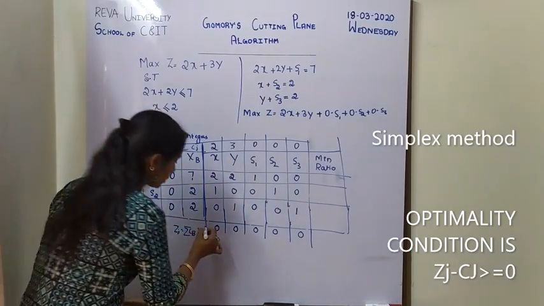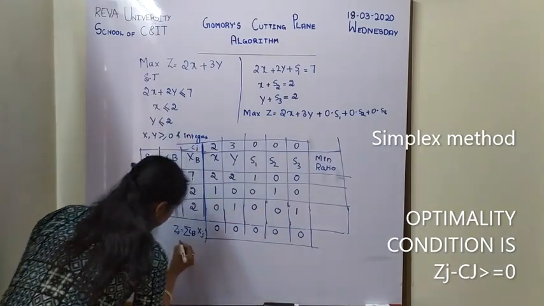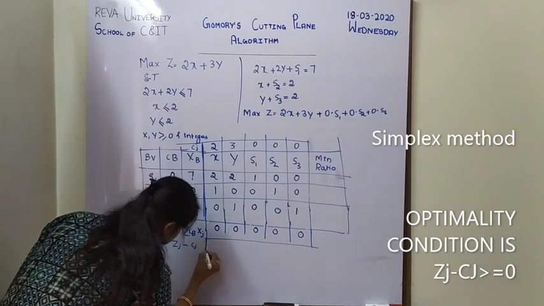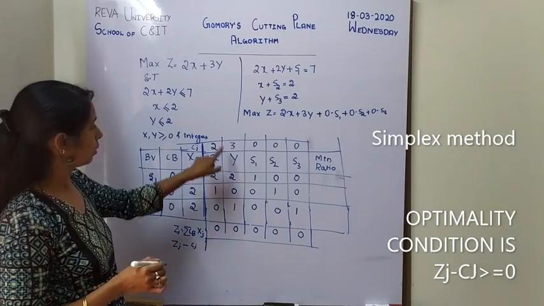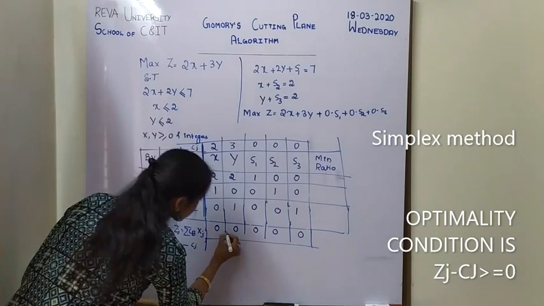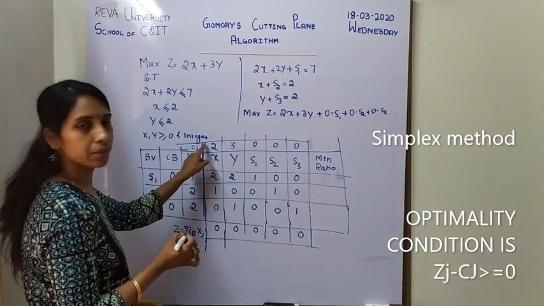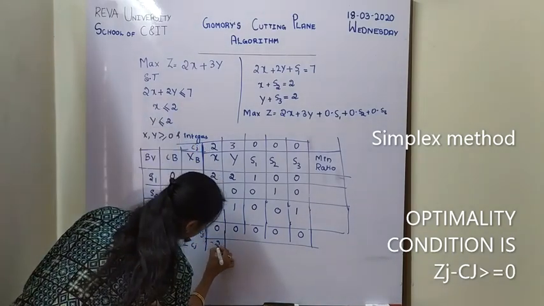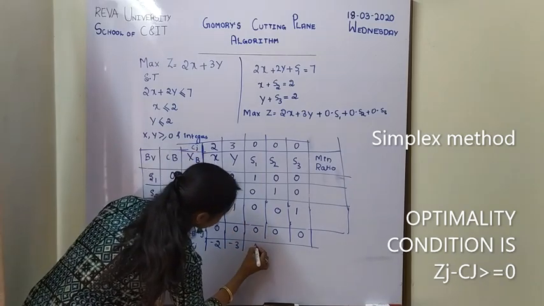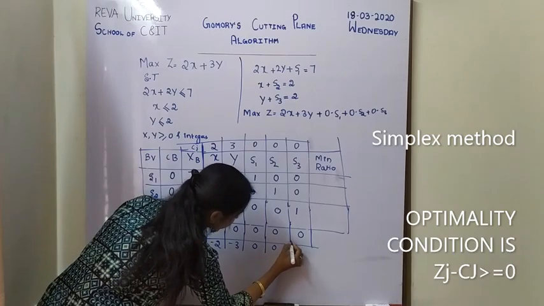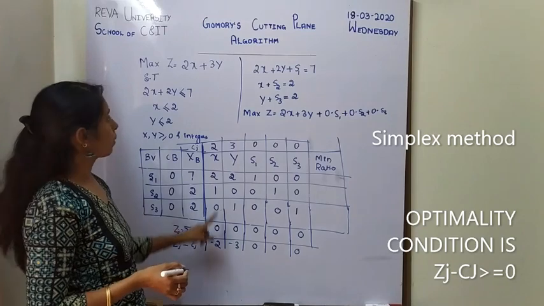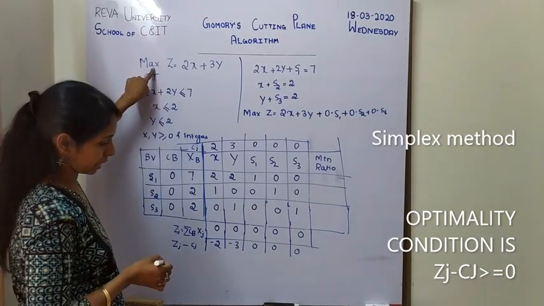Now, the next one will be Zj minus Cj. This value minus this value. So 0 minus 2 is minus 2, 0 minus 3 is minus 3, 0 minus 0 is 0, 0 minus 0 is 0, 0 minus 0 is 0. Now, our objective function is maximization.